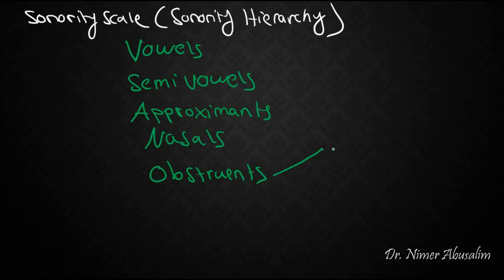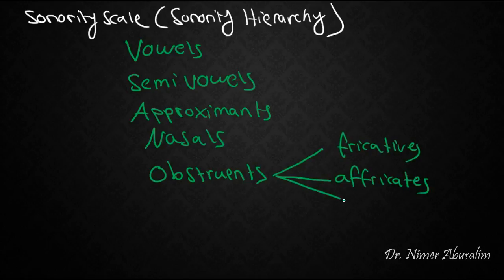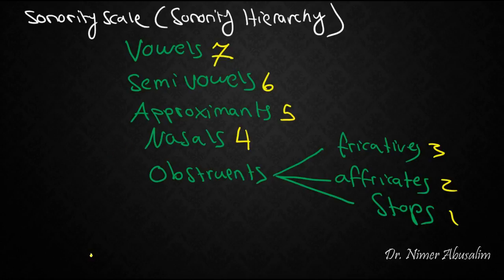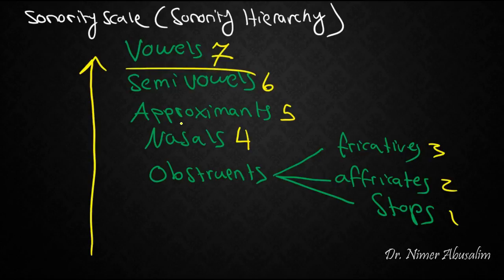Obstruents basically means the group of fricatives, affricates, and stops. So let's see how this works. Let's give this a 1, 2, 3, 4, 5, 6, and 7. So the higher we go up the scale, the more sonority exists. The lower we go, the less.